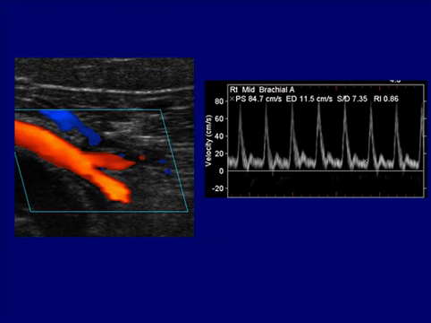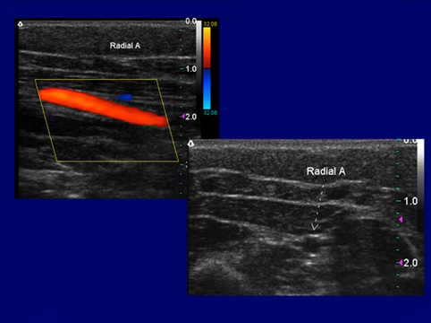The brachial is very important because some general surgeons like to create dialysis fistulas using that brachial artery as an inflow source. They'll do the basilic vein transposition and transpose that basilic vein in anastomosis to the brachial artery, and that's why we really need to pay good attention to this, measuring the diameter and looking at the velocities, and again, a very textbook normal brachial artery waveform that we see here.